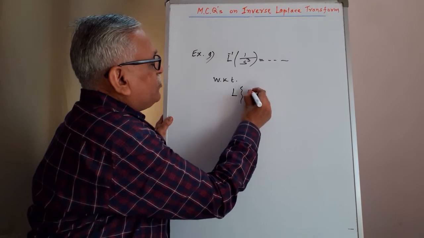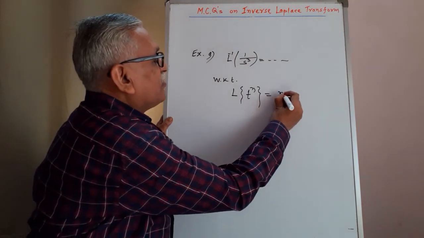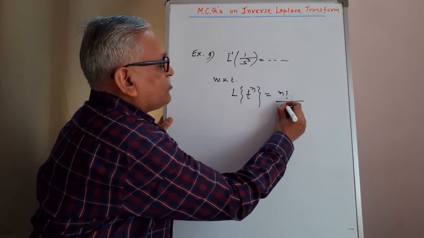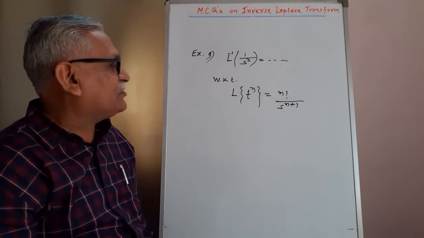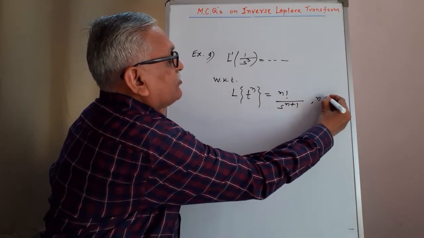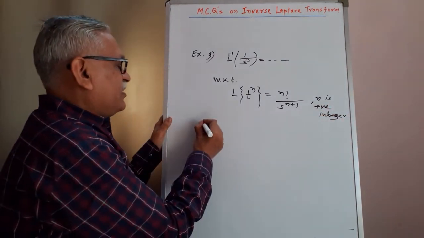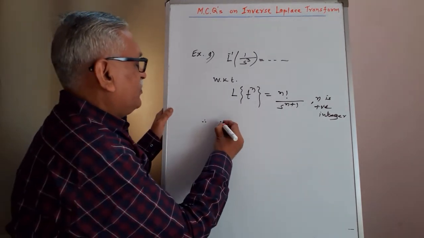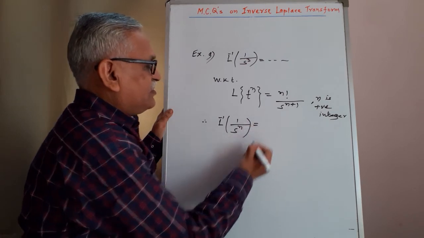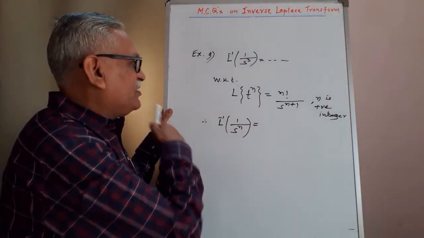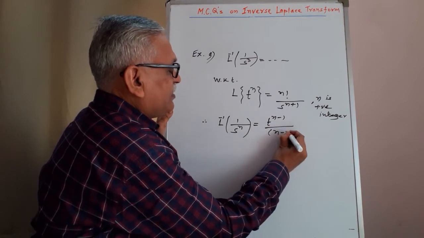Laplace transform of t raised to n is n factorial divided by s to the n plus 1, as n is a positive integer, and therefore transferring this to the other side, we get inverse Laplace of 1 by s to the n as, just as we obtained that result in example number 8, t raised to n minus 1 divided by n minus 1 factorial.